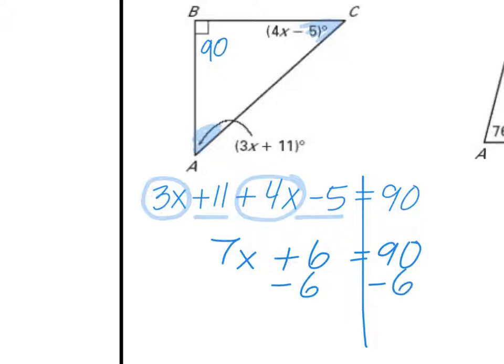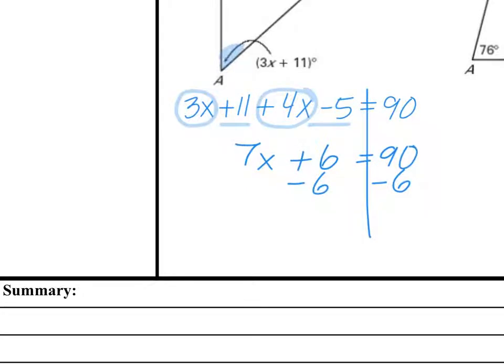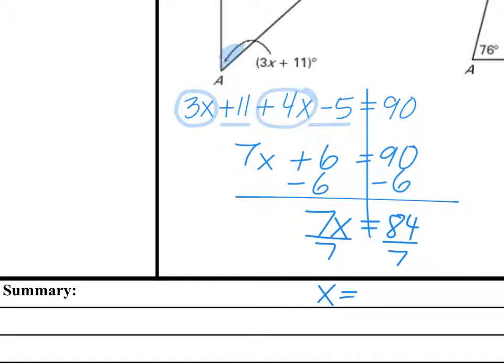So subtract the 6. And then you're going to divide by 7. Which I believe is 12. But you're not done, because you need to find the angle measures.